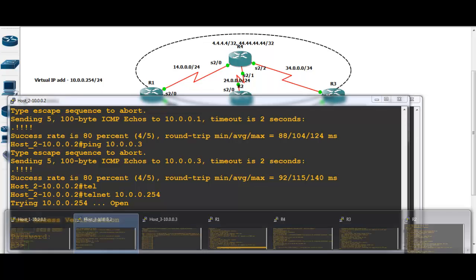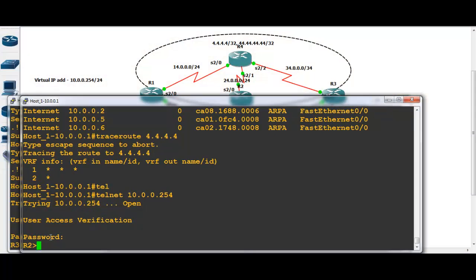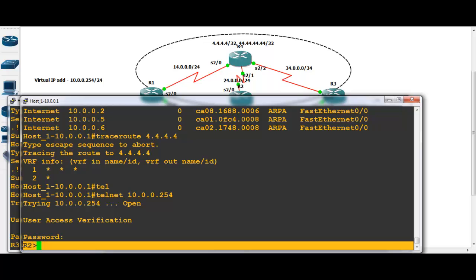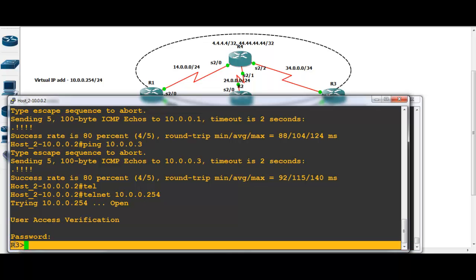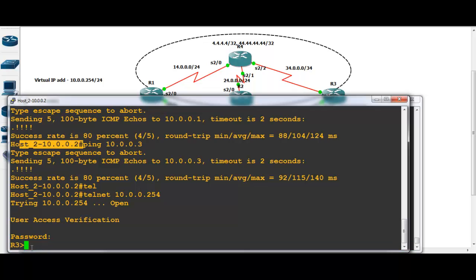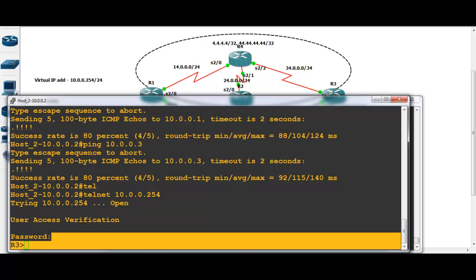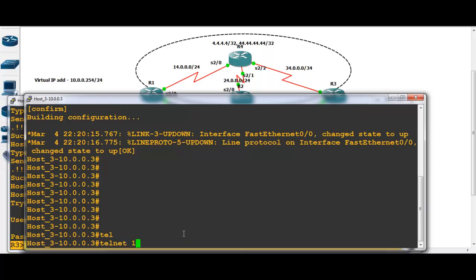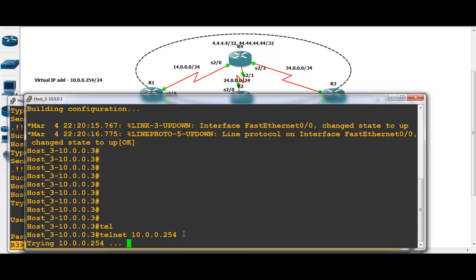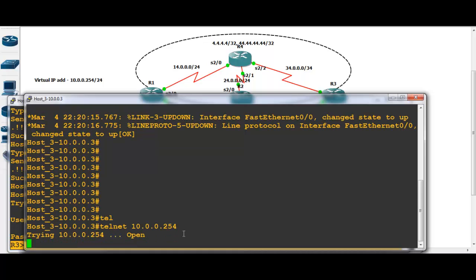First PC is using R2 as a gateway. Same address I am telnetting. The second PC, this is the second host, is using R3 as a gateway. Now if I go to the third computer and telnet 10.0.0.254, it will use the first gateway, router 1.